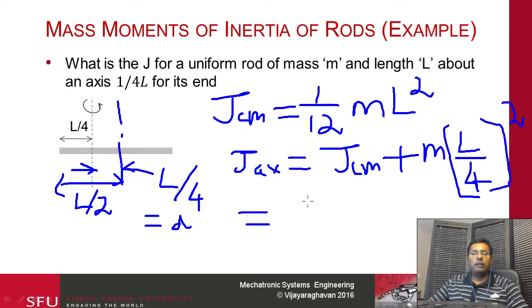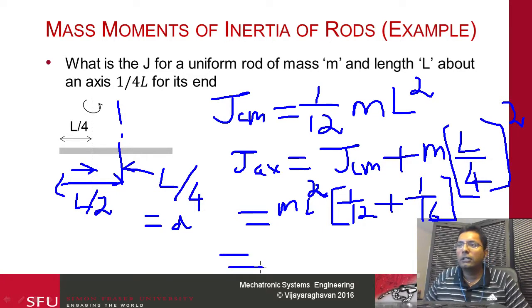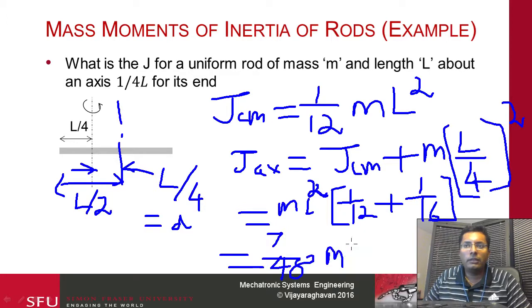So this basically becomes, I pull ML squared outside, so this becomes ML squared times 1 over 12 from here, and then this becomes 1 over 16. So it should be, what is it? Not everybody at once. Actually, I can't hear you over YouTube, but this basically becomes 7 by 48 ML squared.